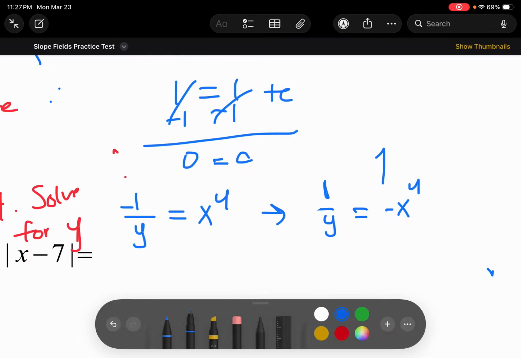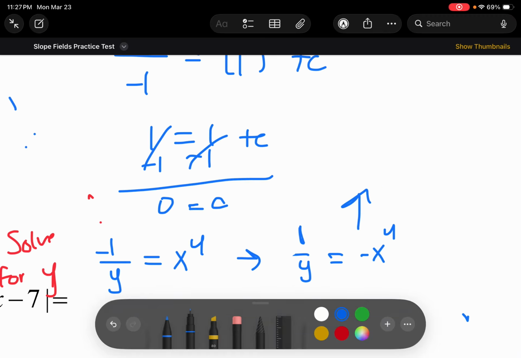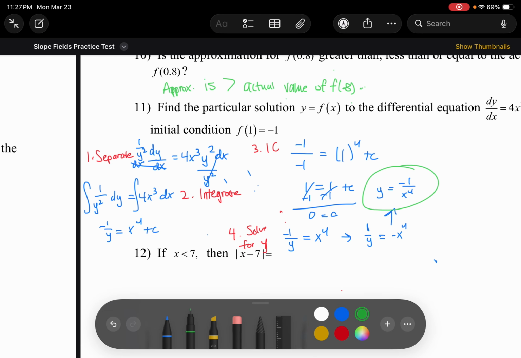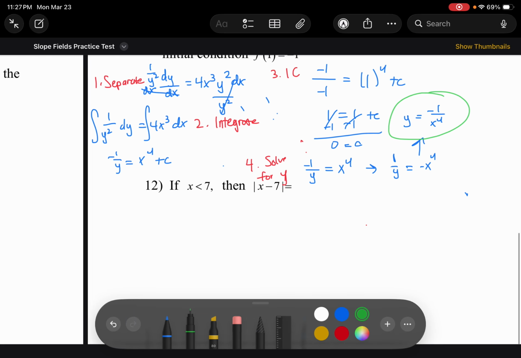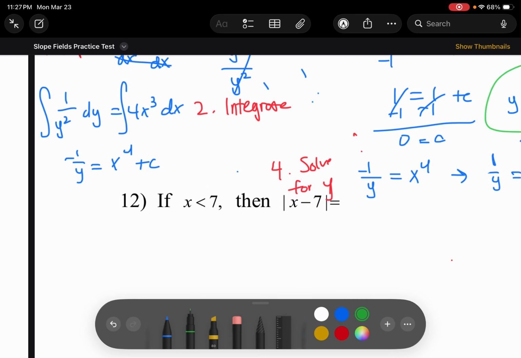Now we can just isolate y by just reciprocating that. So it's going to be y equals negative 1 over x to the power of 4. And that is your final answer. This concludes question 11. On to the last one.